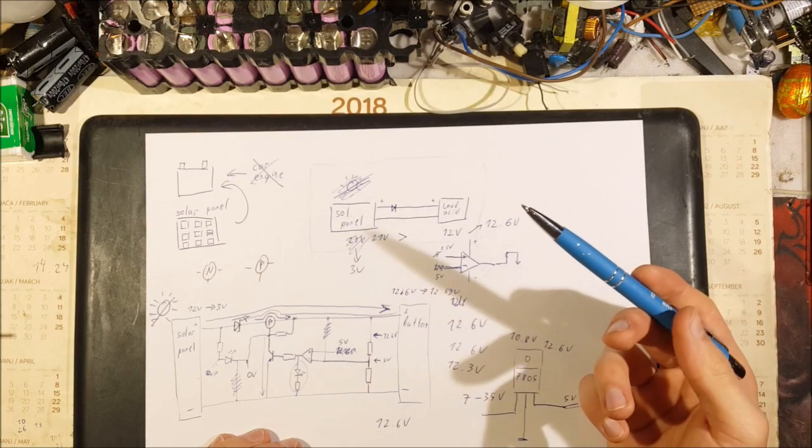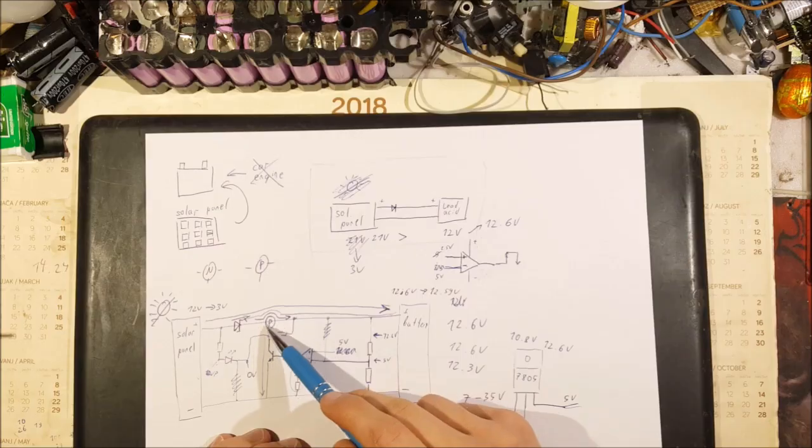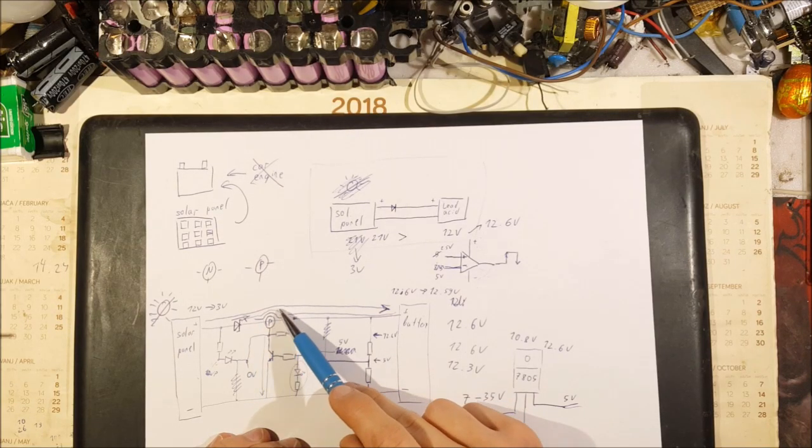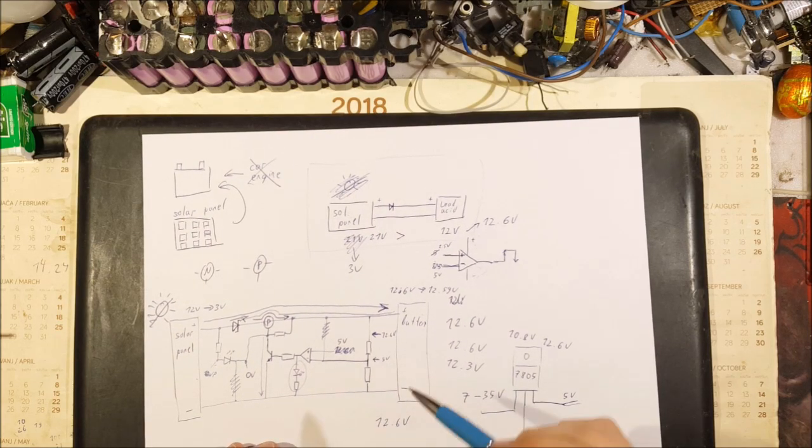And let's remind ourselves, when this transistor is closed, that means that this p-channel MOSFET is also closed, allowing the power to flow through. But what if the charging is finished and this MOSFET is open?